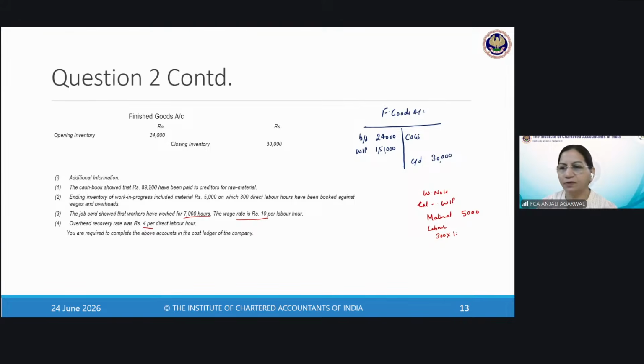So 300 into 10, 3,000. And production overheads, 300 into 4, 1200. So the value of closing WIP is 9200. This gives us two information and total 7000 hours are used.